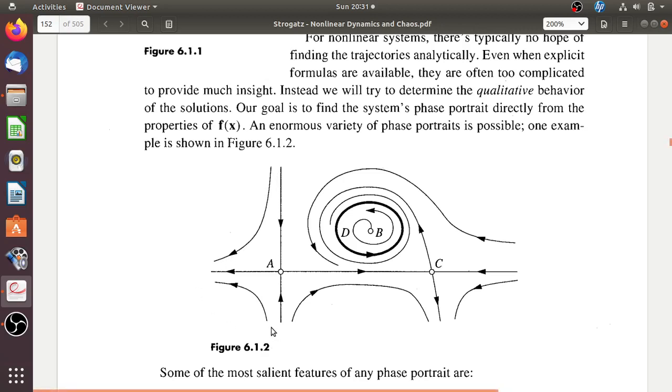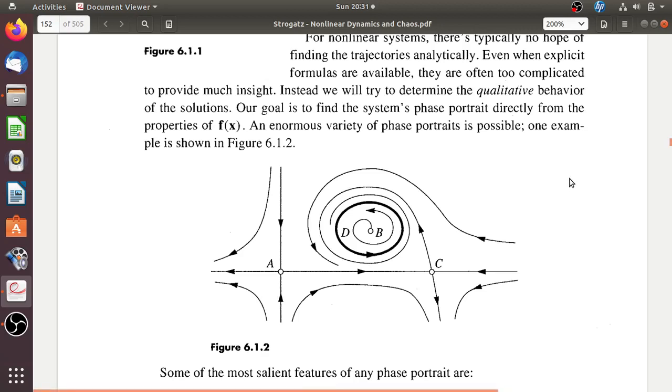If the initial condition is here, it's going to be like this, and if the initial condition is slightly different from this position, then it will go like this, or if it's here, then it will go like this. It will just be circling. So we could tell the whole story if we construct the phase portrait.